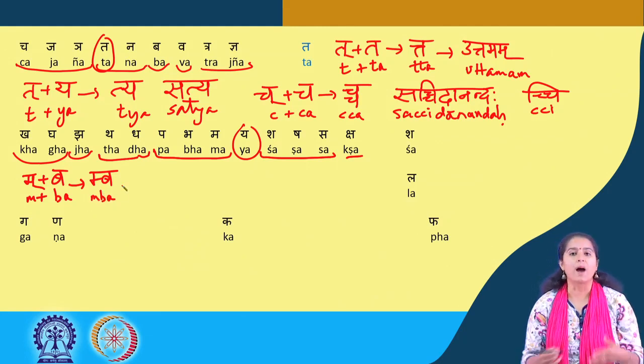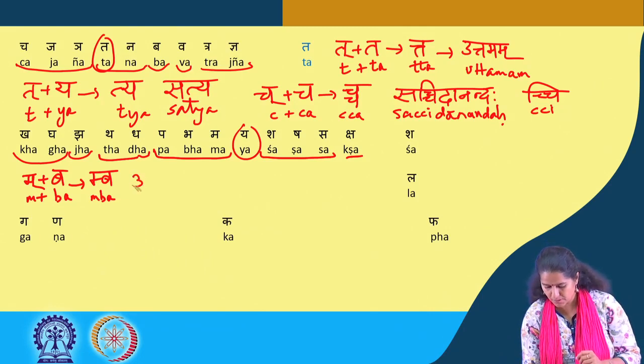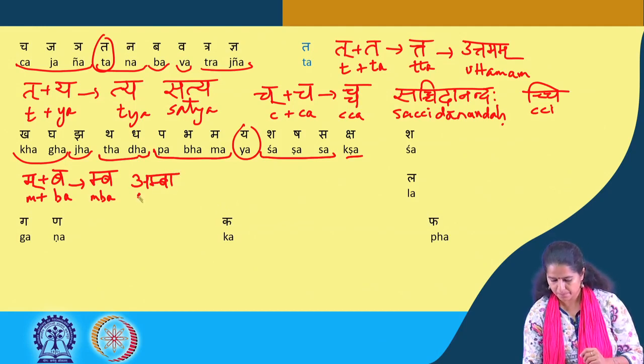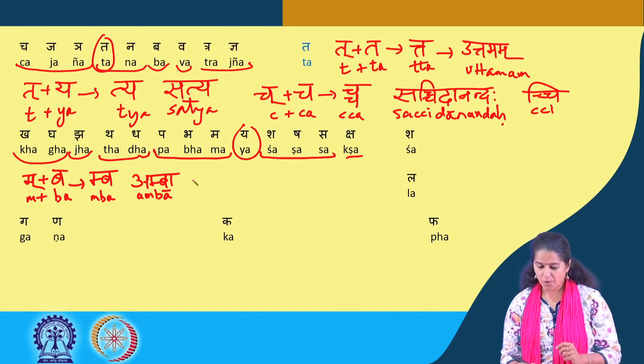And then in the word amba, you also add the a that is there, so it becomes amba. Okay. Amba. Is that fine? All right.